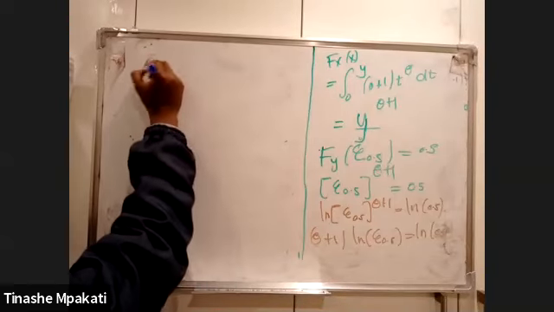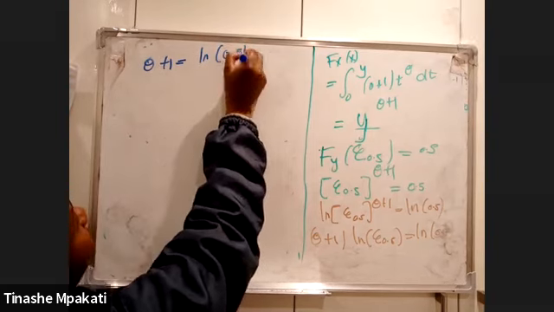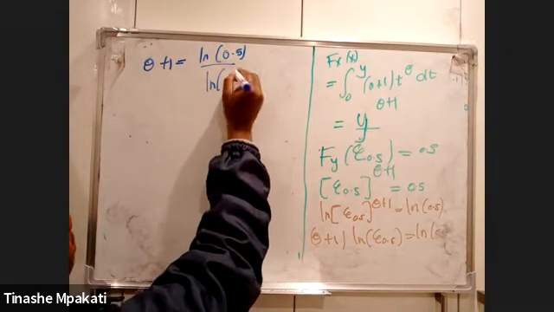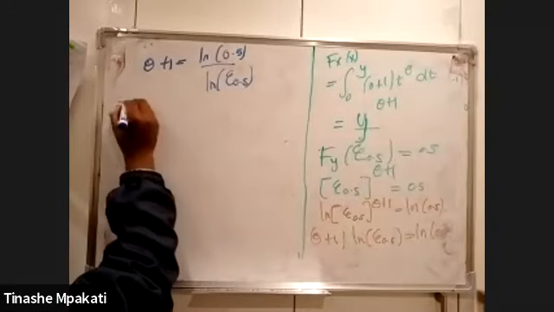So in this case, I would have that my theta plus 1 is equal to ln 0.5 over ln of that quantile.